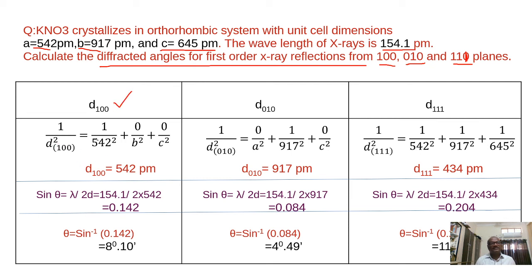1 by D square is equal to H square by A square plus K square by B square plus L square by C square. We know that formula.